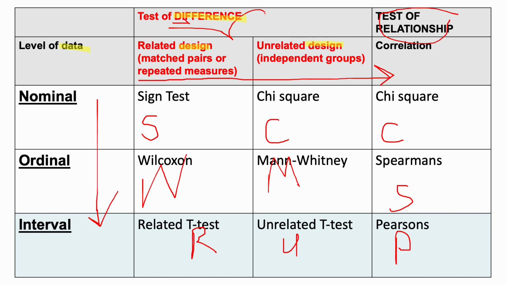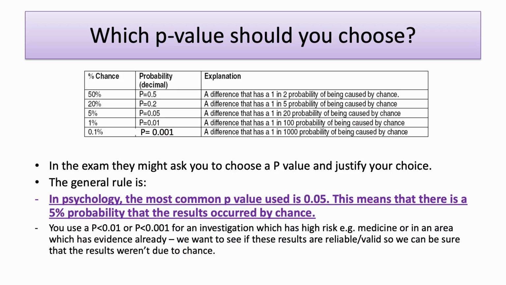Okay, piecing this all together then, what we need to look at now is probability, because we will look at how this all slots into statistical tables shortly. So you will need to know about probability values, and in psychology we typically use the 0.05 level, which means there's a 5% probability our results have been due to chance or random variables. Now, the p-value is always 0.05 in psychology, unless in the question it states otherwise.